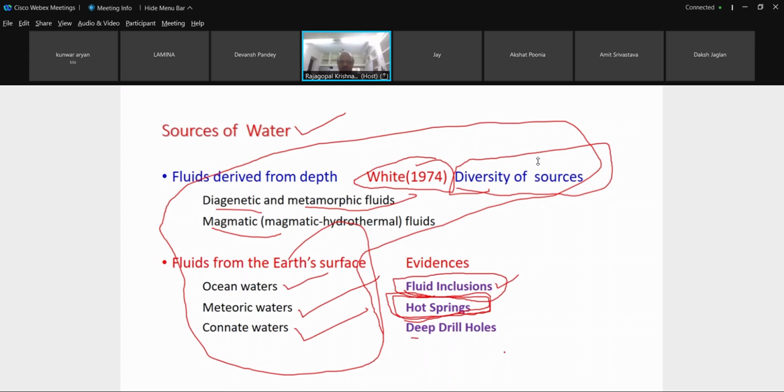The deep drill holes people drill for geothermal systems in countries like New Zealand, Japan, Canada, Greenland. The most famous drilling is the Russian deep drilling program. They went for about 13 kilometers. Sometimes they were losing the diamond bits.